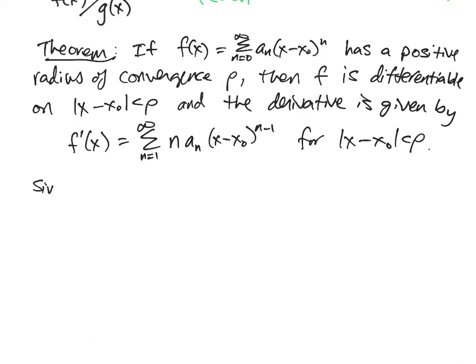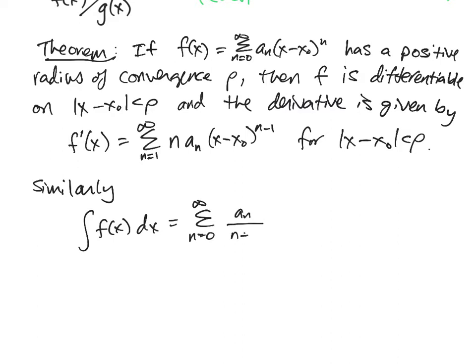So similarly, you can take the integral and you can do that termwise. So we get the sum from n equals 0 to infinity a n over n plus 1, x minus x naught to the n plus 1 plus a constant in our radius of convergence.